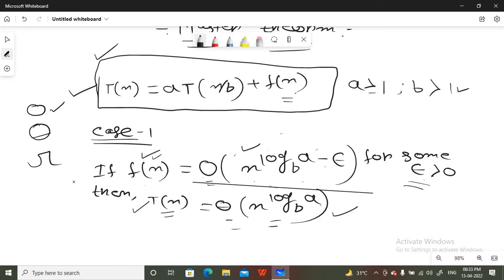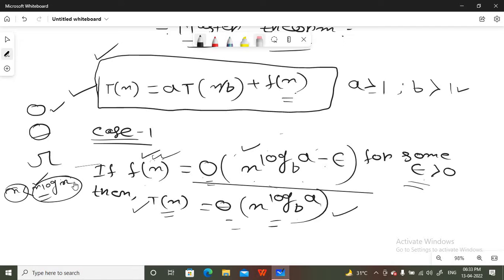Greater than means it is faster than this function, much faster. Suppose we know n and n log n. The n log n is much faster than n. So here this condition is right.